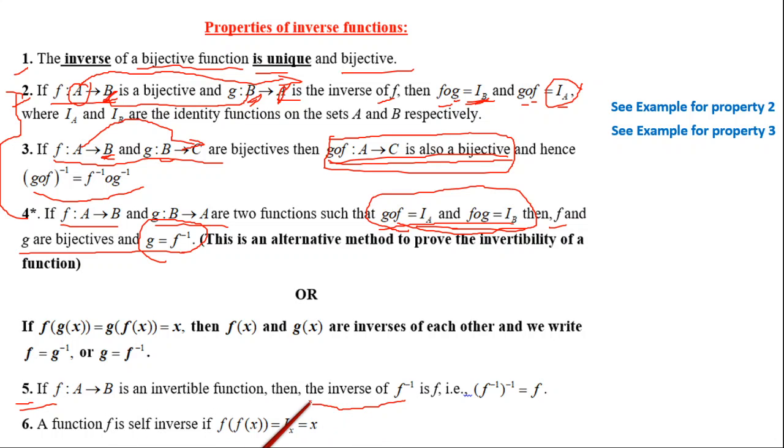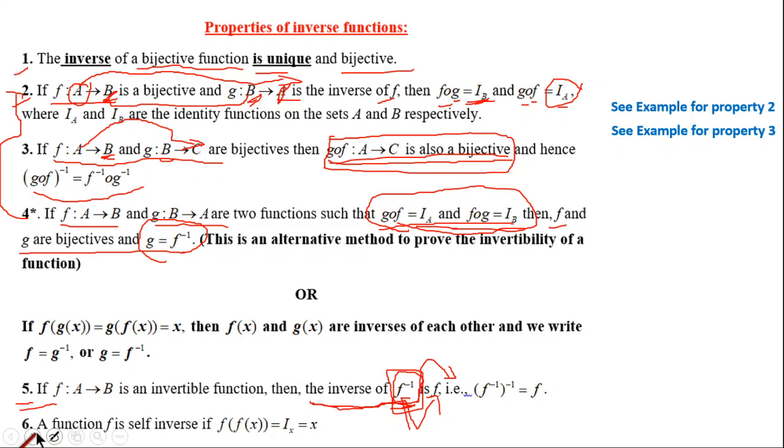So in that case, the inverse of F will be this, and the inverse of this will be F. Basically, it's trying to say that these two are inverses of each other.